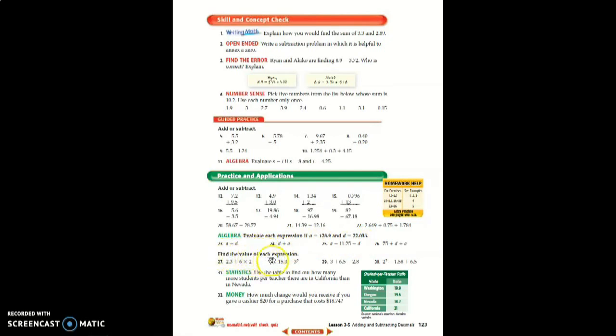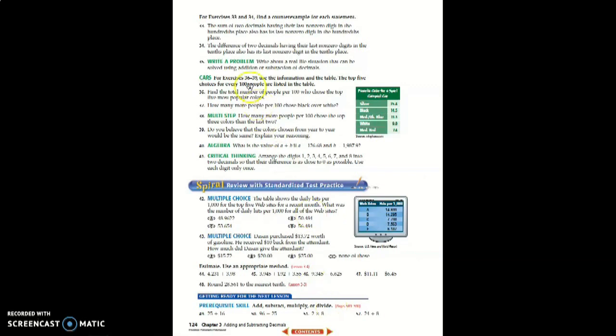Find the value of each expression. 31. Statistics: use the table to find out how many more students per teacher there are in California than in Nevada. 32. Money: how much change will you receive if you give a cashier $20 for a purchase that cost $18.74?